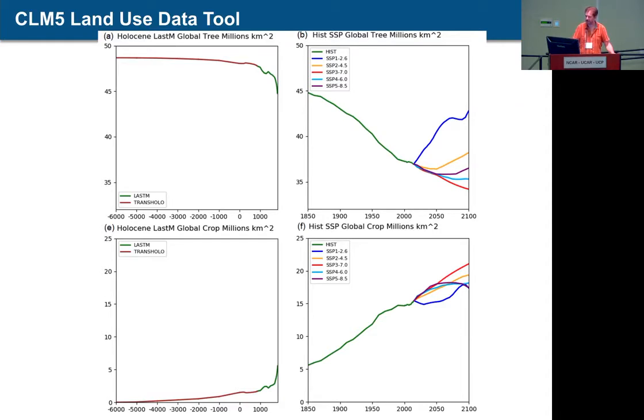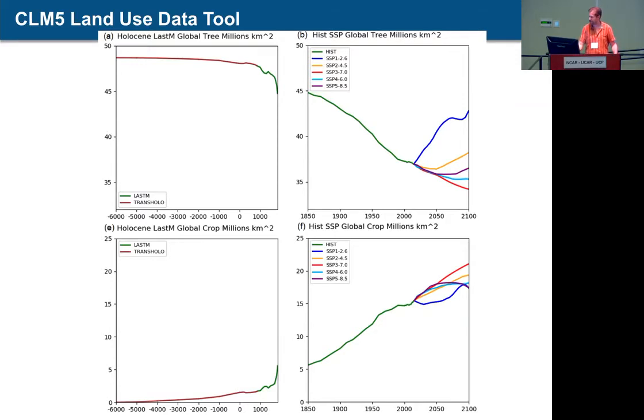Here you can see at the top the actual global distribution of trees in millions of square kilometers. There's very little actual change in trees for the first few thousand years through this time period. But then we get to around zero Common Era, and we see a slow decrease in tree cover as we're doing deforestation, and an increase in cropping area in the bottom left here.